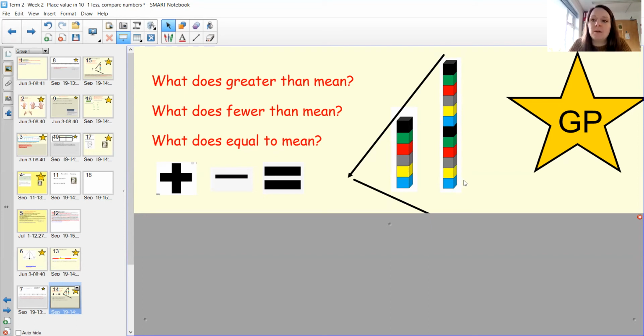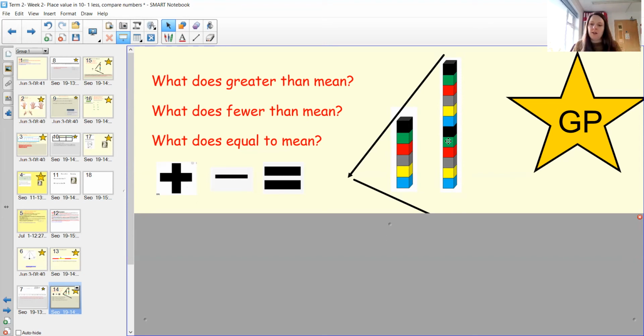Okay, count it and we'll see what I've got. 1, 2, 3, 4, 5, 6, 7, 8, 9, 10, 11, 12. Here I've got 6 and here I have 12. So one number is the number 6 and the other number is the number 12.